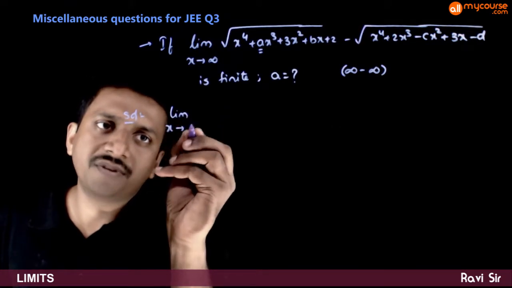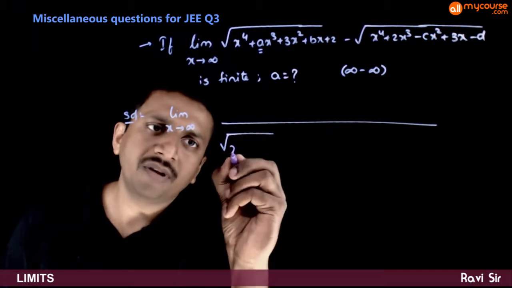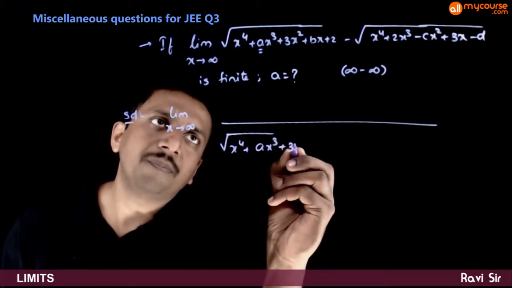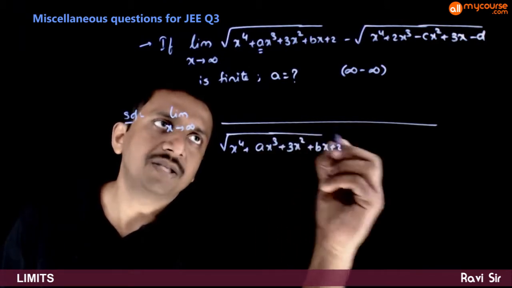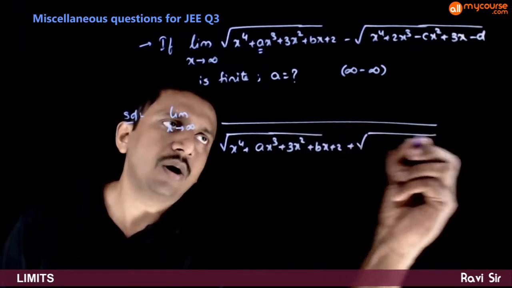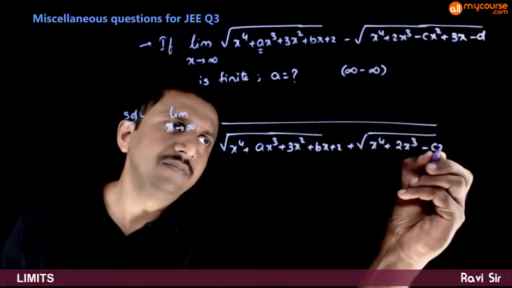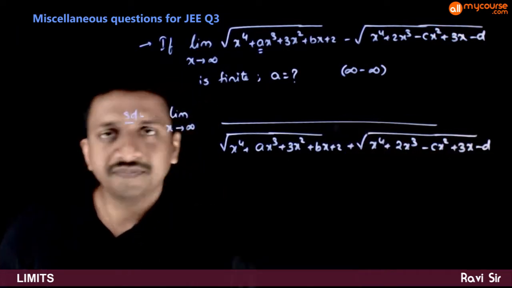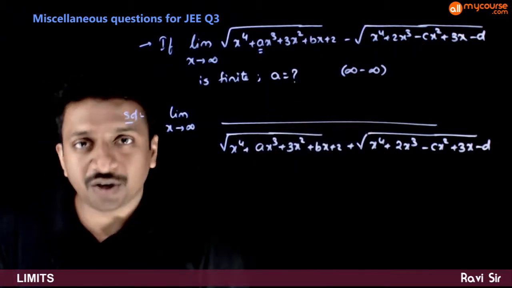Limit x tends to infinity, obviously I'll multiply and divide with root of x power 4 plus ax cubed plus 3x square plus bx plus 2 plus root of x power 4 plus 2x cubed minus cx square plus 3x minus d. So I'll multiply this in the numerator as well as the denominator.